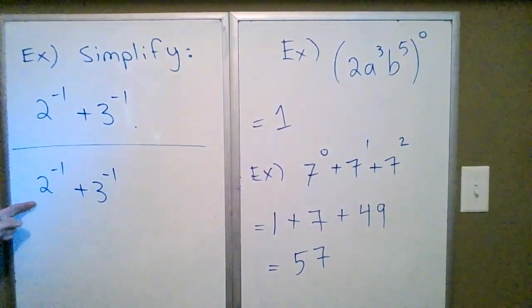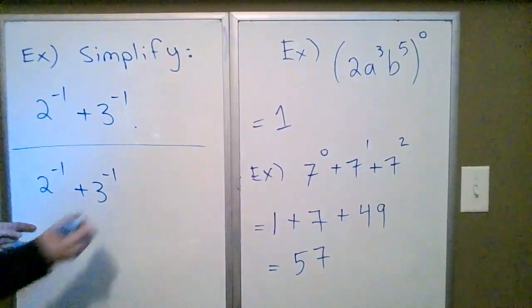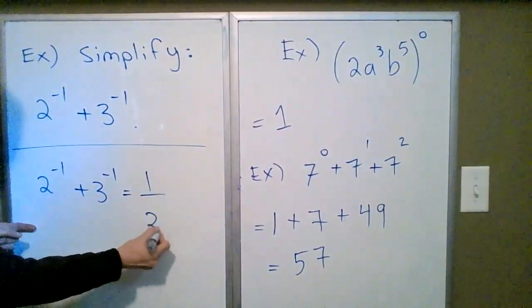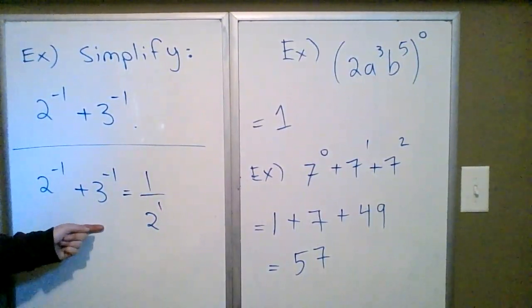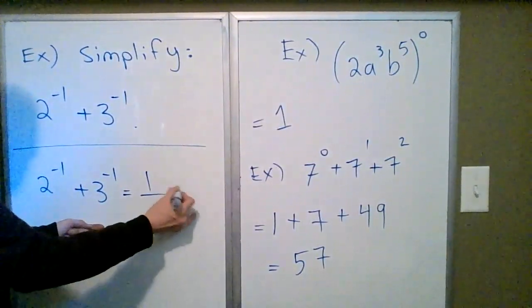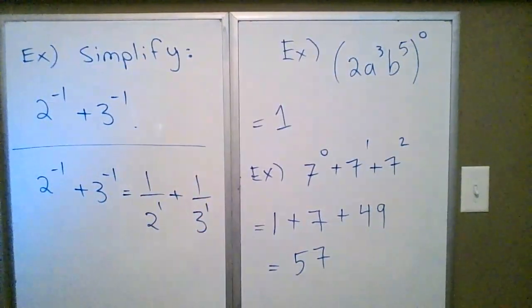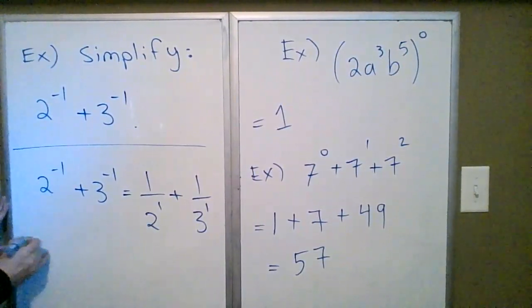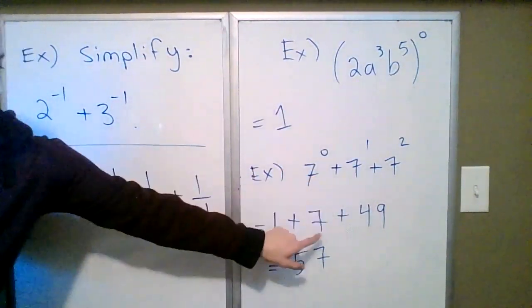Okay, we're taking care of the negative exponent by putting this value down into the denominator as 1 over 2 with power 1. Same thing here. Bring this down into a denominator as 1 over 3, and its power is positive 1. Which we know is 1/2 plus 1/3. That rule right here: any number to the power 1 is the same number.